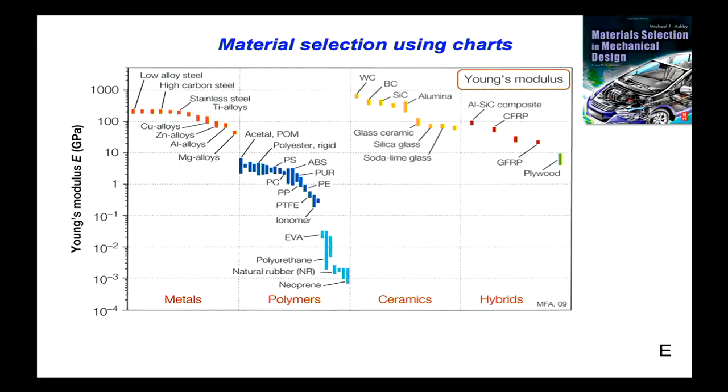But note that we've got very rubbery, very flexible type materials, on a log scale, and we're down here. You can imagine we're not going to be able to have anything like the stiffness of the metals that we've shown. And even with this simple chart, we get some insights in terms of the range of Young's modulus we've got available.